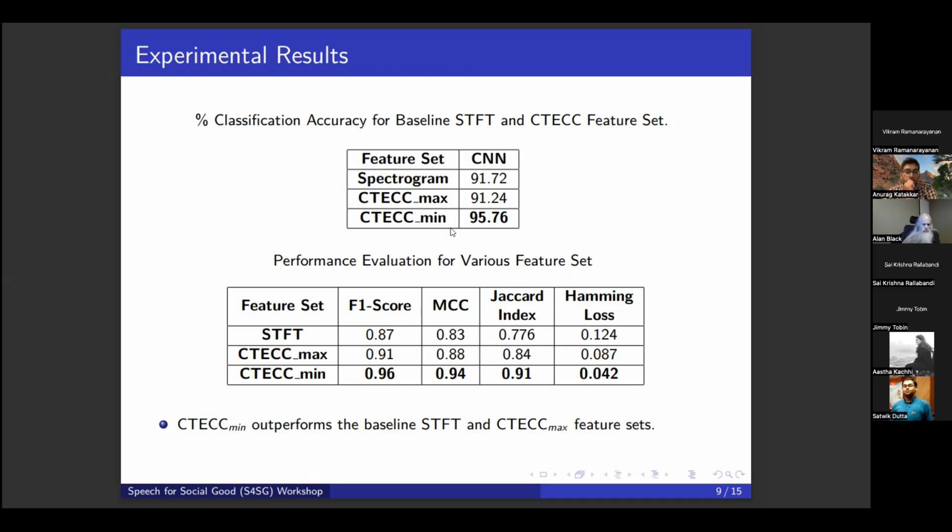We see that CTECC minimum outperforms the baseline STFT and the CTECC maximum feature set with a classification accuracy of 95.76% on the CNN classifier.